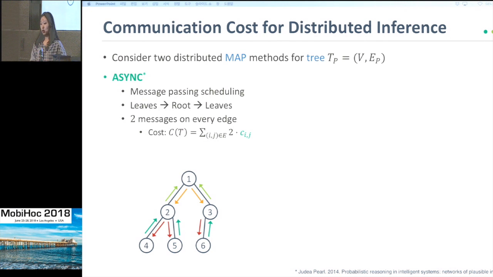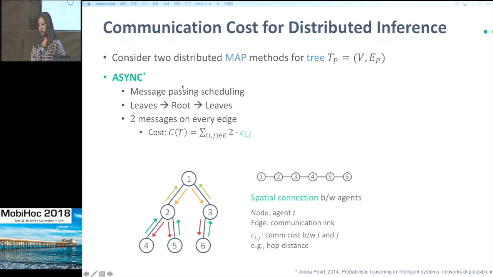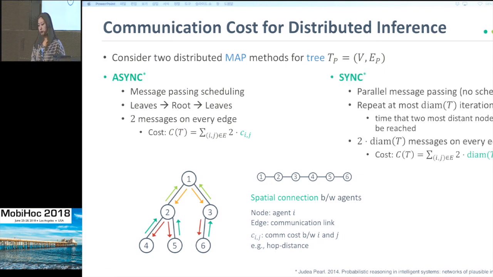Following this protocol, only two messages on every edge are required in the case of the tree structured graph, so we have the total cost like this. Here, C_ij is determined by the given physical communication connection of the agents.